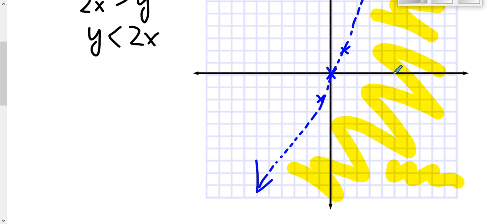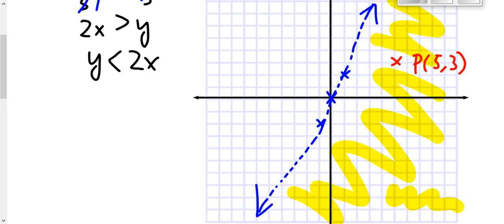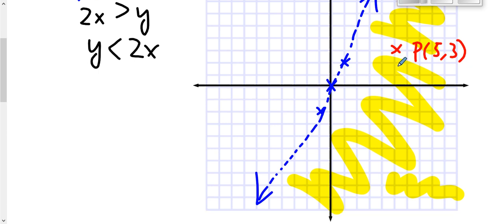So 1, 2, 3, 4, 5, 1, 2, 3. So this point here, let's call that point P, 5 and 3. So if you look at this point right here, the random point that I picked, graphically this would satisfy the solution. Okay, satisfy the equation.